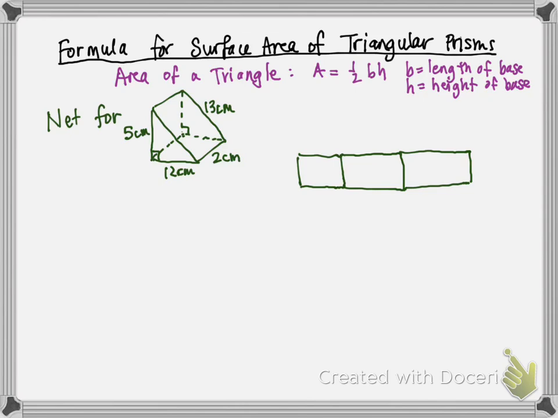Why? Well, because my triangle has 3 different lengths. So I'm going to make these a little brighter. This one is 5, here's your 12, and here's your 13. Those are going to be the lengths of my rectangles, because that's the dimensions of the triangle.